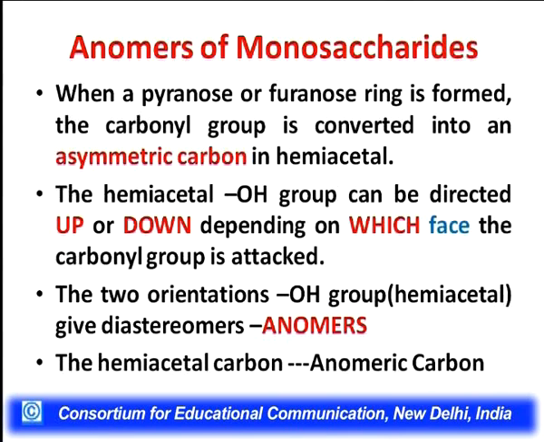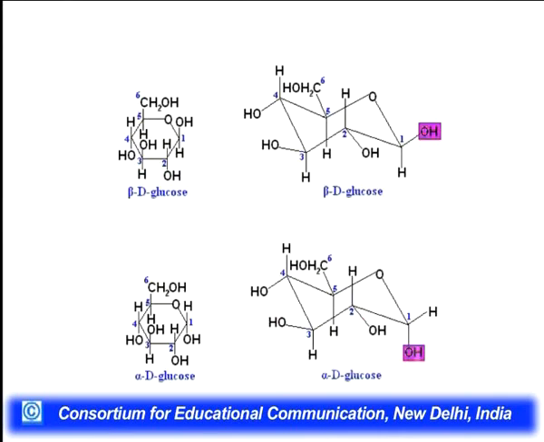These two orientations of the OH group in the hemiacetal give rise to diastereomers, which are known as anomers, and the hemiacetal carbon is the anomeric carbon.